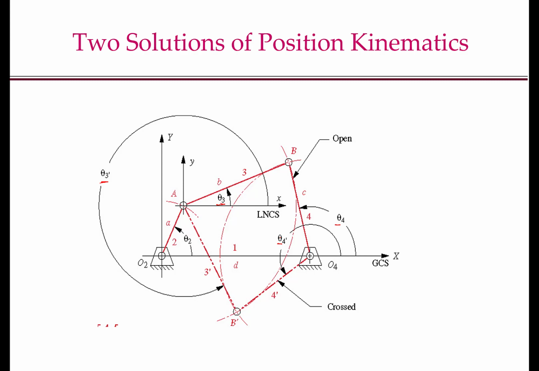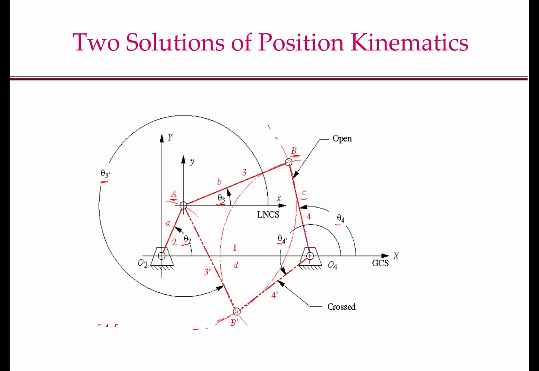So suppose θ2 is known. θ2 is known or fixed means the position vector of point A is fixed. Now when point A is fixed, then the point B or the pivot B can only lie on a circle that is centered at A and with radius B. Similarly, since O4 is fixed, the point B can also lie only on a circle with center at O4 and radius C, the length of the link O4B.